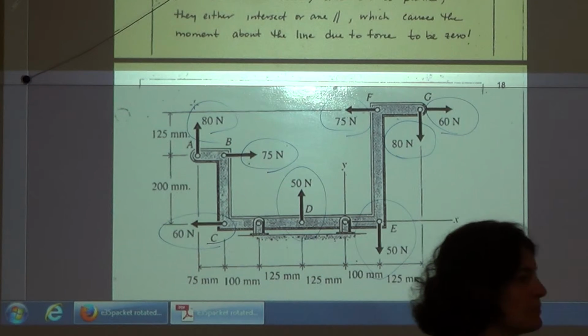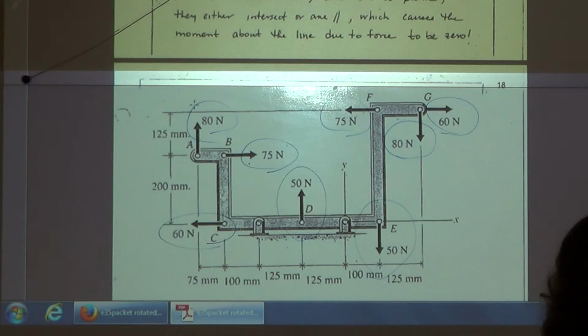Santiago? I don't see how you're choosing the sign for what you're multiplying by. So we're using the right hand rule, right? It's the absolute value of the force times the absolute value of the perpendicular distance, and then I use my hand to determine positive or negative.